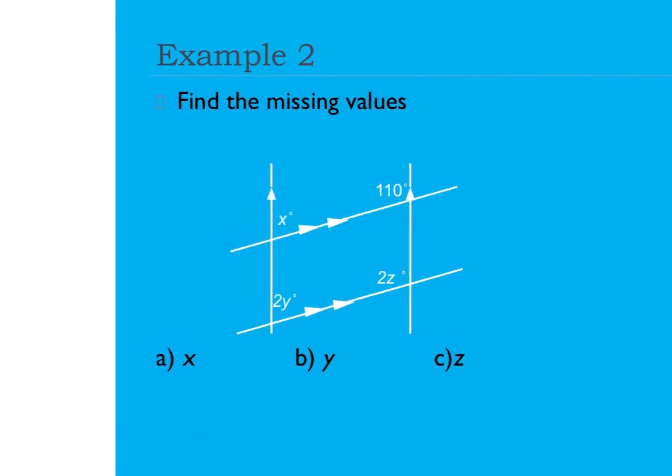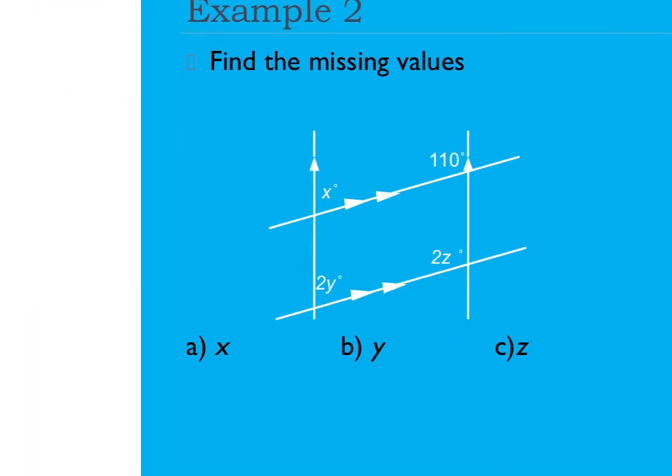Okay, so find the missing values. Whenever we are given some variables and some angles that we know, we always want to start with the angle that we know. In this case, we know that this angle is 110 degrees. Now, these two are parallel, and so are these two.